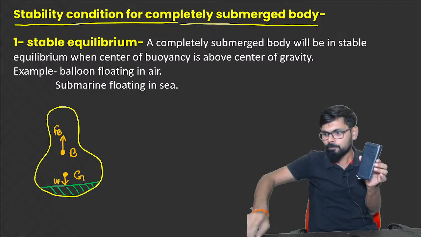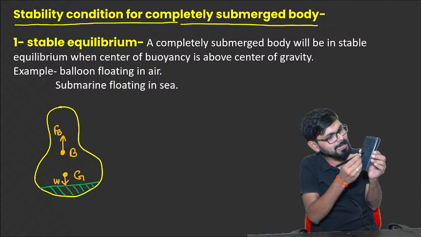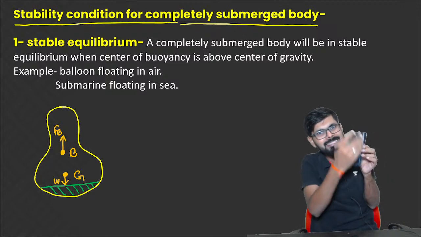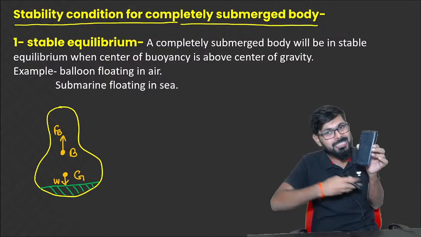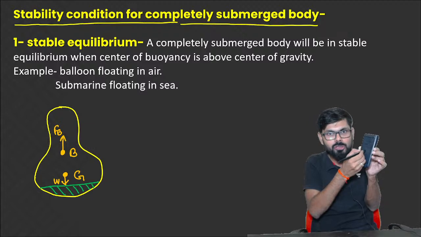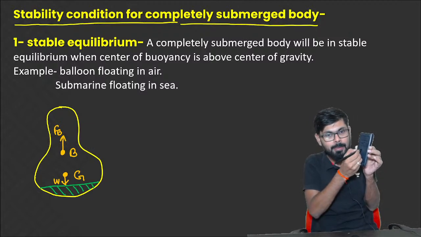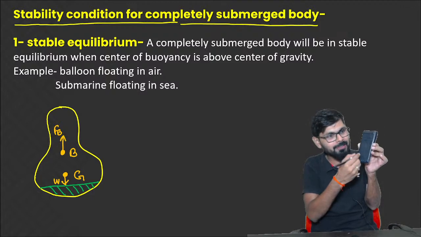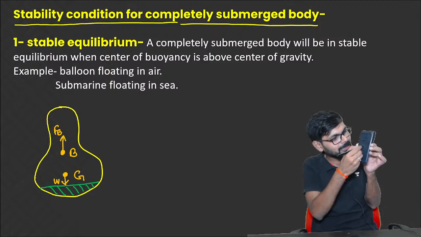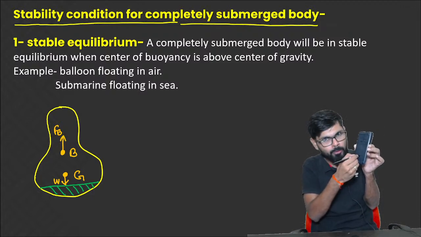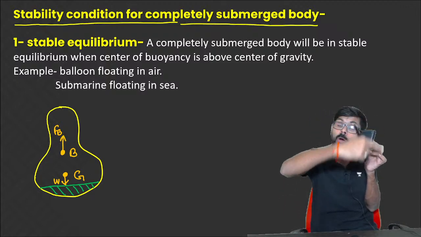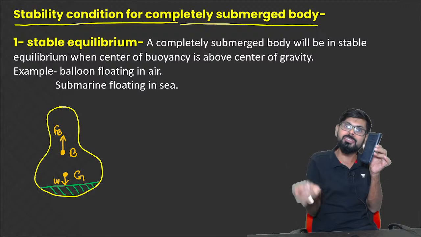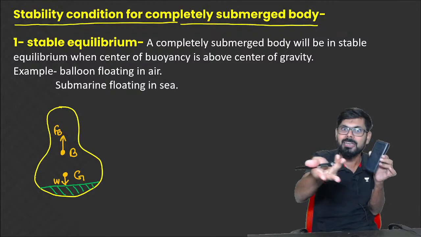Now in this one, what is the center of gravity? It will be at the center because the density is the same everywhere, and the center of gravity of the fluid displaced is also the same point. But if I put some metallic part here, the center of gravity of this body will go down, but the shape or volume of the fluid displaced is the same only. So the center of buoyancy will be at the center only.